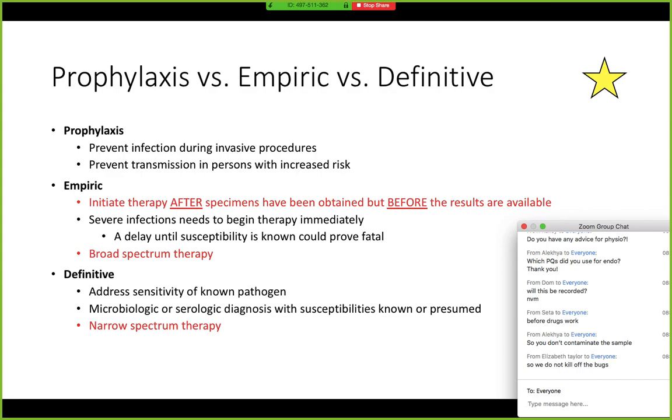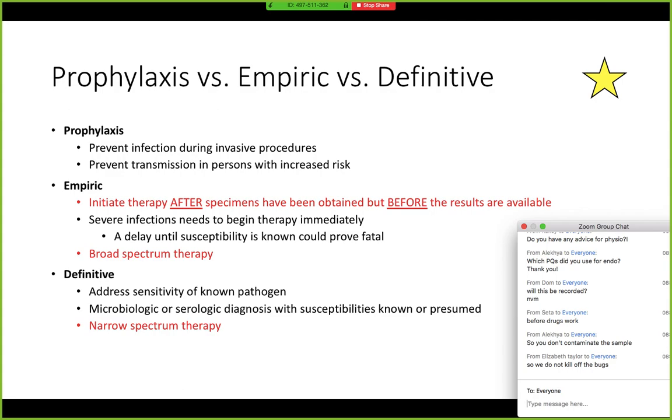So you want to make sure you initiate the therapy after your specimens have been obtained, but go ahead and do it before the results are available. That way you have some sort of antibiotic on board, preferably something that's very broad spectrum, and you're killing things while you're waiting for the results.